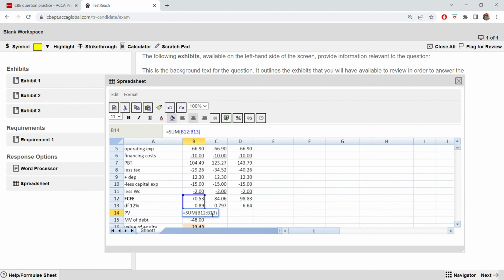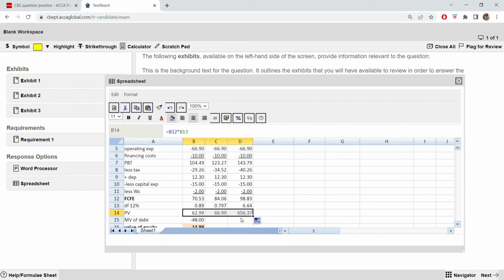Okay, it is the sum function only, but no, it's not the sum function. It is just this multiply by this. Enter. You can copy paste to the other cell.